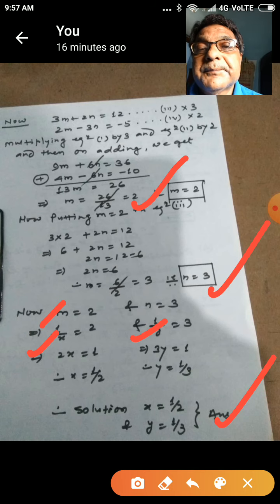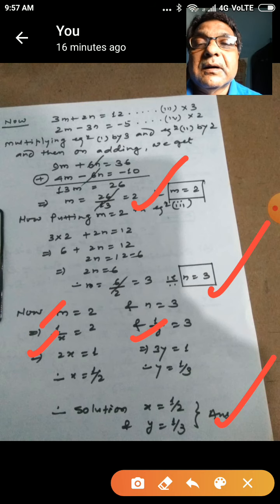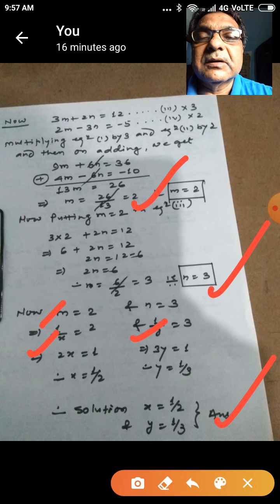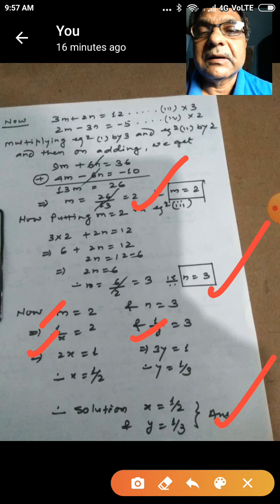So in this way, this is one way of solving a pair of linear equations. Actually it is not a separate method.